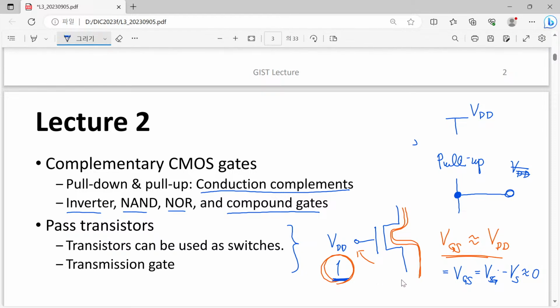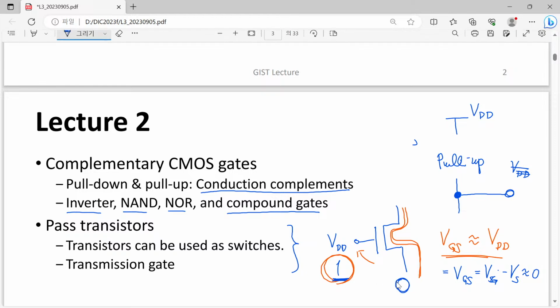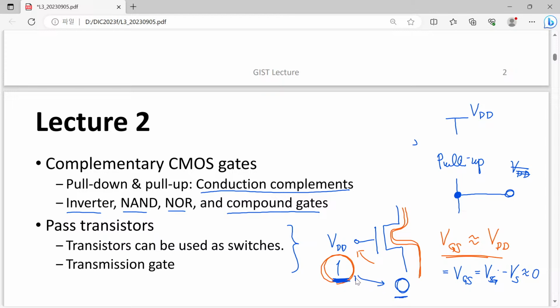On the other hand, if we have a logical value 0, then in this case it is quite good because this is VDD and this is ground, so the difference between them is really close to VDD.